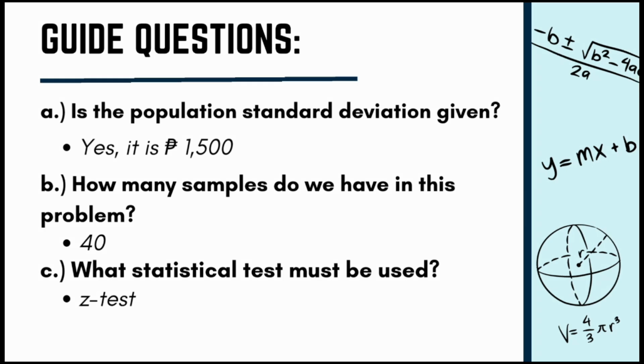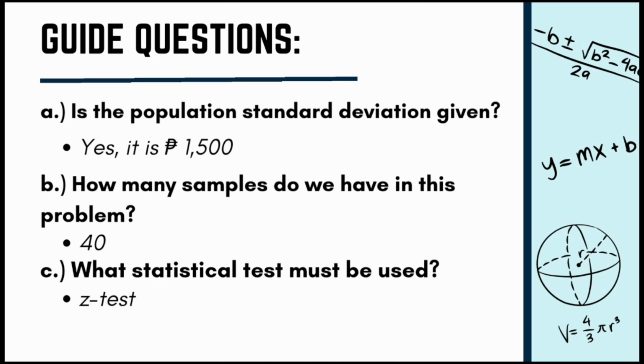Kung makikita natin sa given problem, ang population standard deviation ay given na which is 1,500 pesos. Question number 2. How many samples do we have in this problem? The answer is the number of samples in the given problem is 40. Yung sinasabi namang samples ay given na din, which is 40. Kung titignan natin sa given problem, ang given sample ay 40.